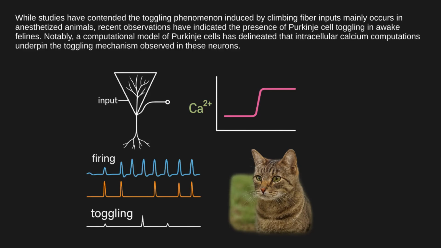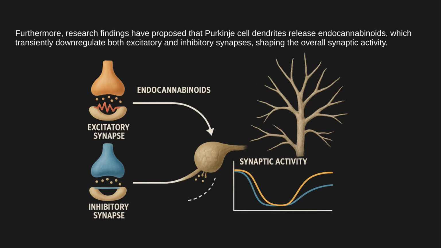Notably, a computational model of Purkinje cells has delineated that intracellular calcium computations underpin the toggling mechanism observed in these neurons. Furthermore, research findings have proposed that Purkinje cell dendrites release endocannabinoids which transiently downregulate both excitatory and inhibitory synapses, shaping the overall synaptic activity.